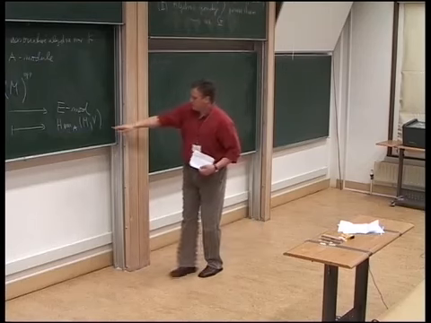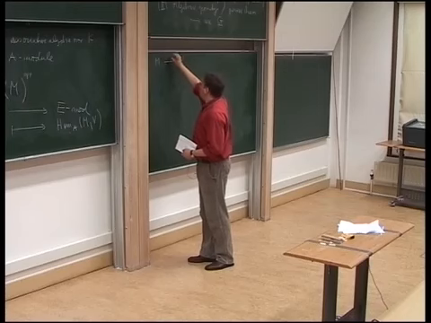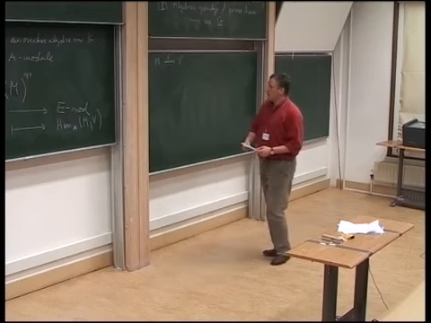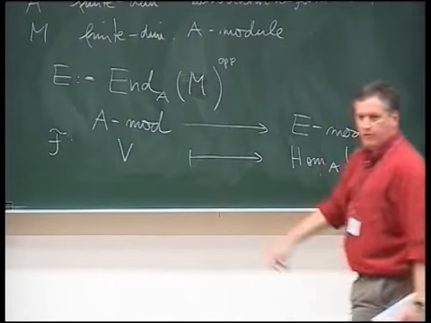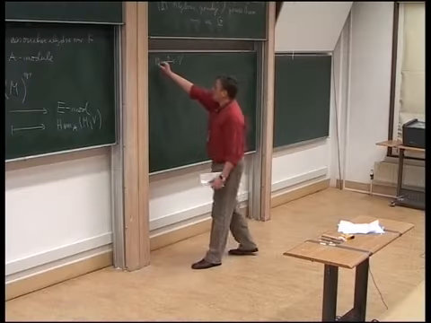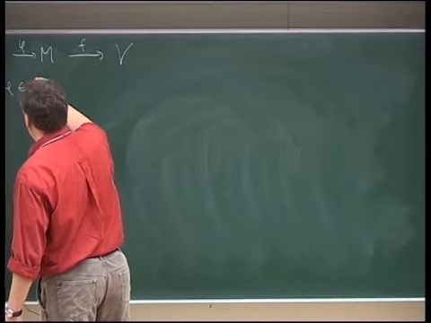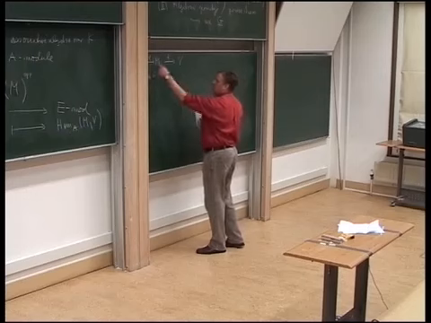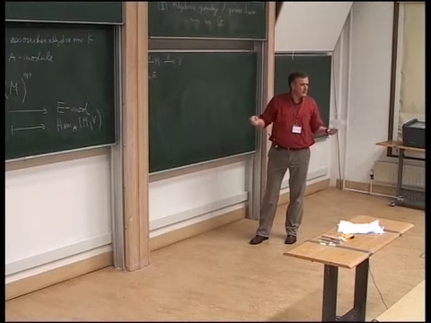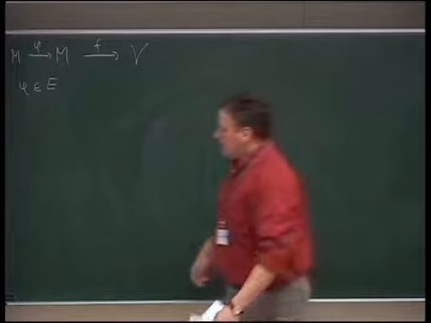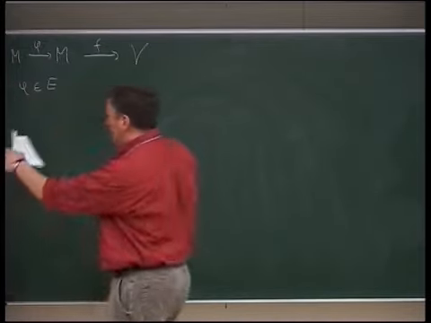If you have a homomorphism from M into V, and you take an endomorphism of M, you can just compose with this. So if phi is in E, you get another element of Hom(M, V). In this way, E acts on this Hom space just by composition of maps.